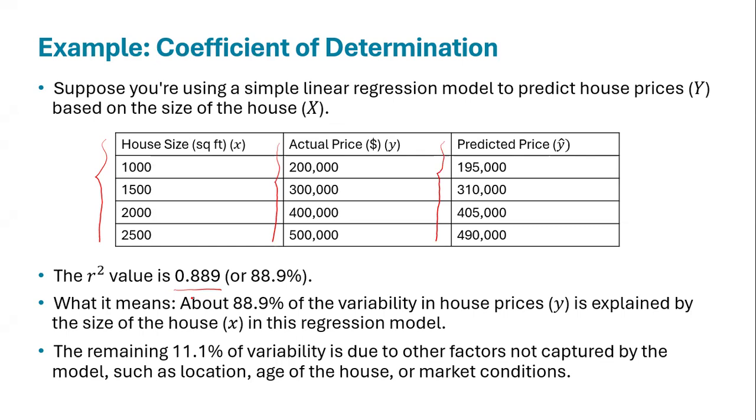What is the Y value? The house price. What is the X value? The size of the house. So we say that 88.9% of the variability in house prices, based on this table, is explained by the size of houses.